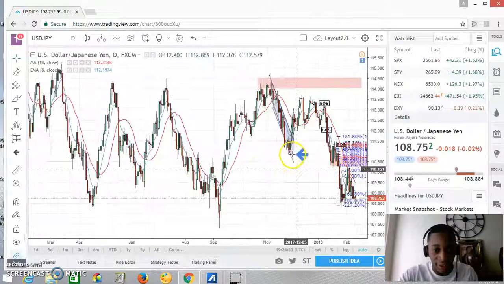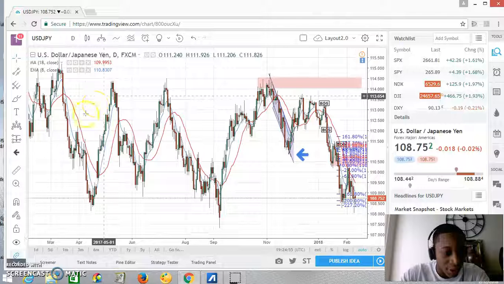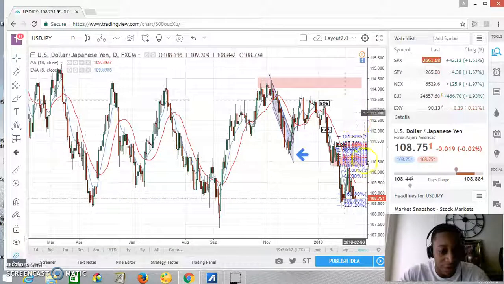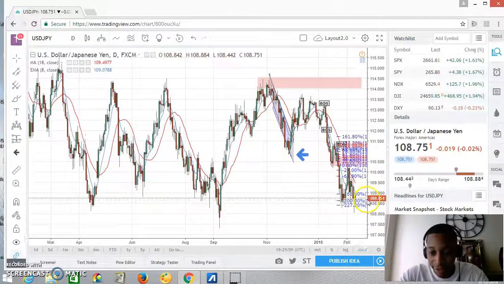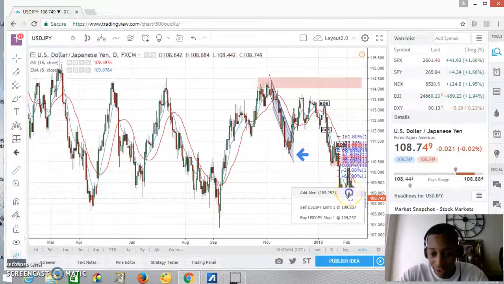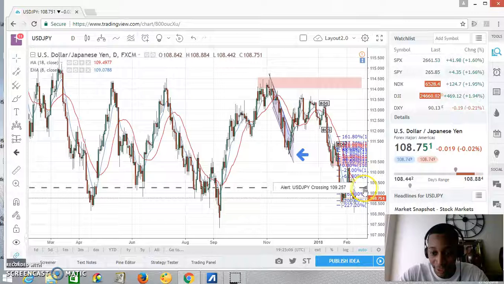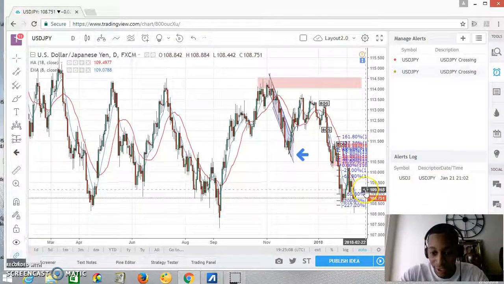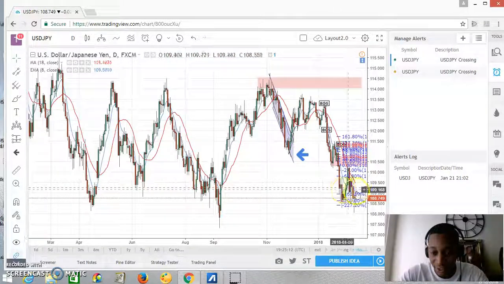Let's see now. All right. Oh yeah, also alerts. If you want to add alerts when price hits a certain point and just keep track of it, you go here, you add alert, and it's going to alert you when it hits this price or when it reaches around this price right here.